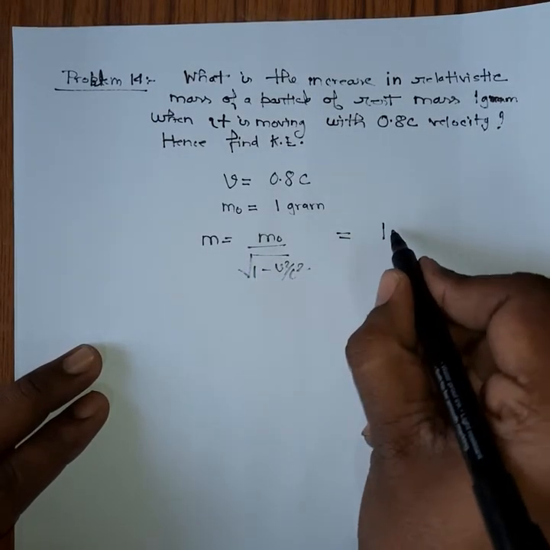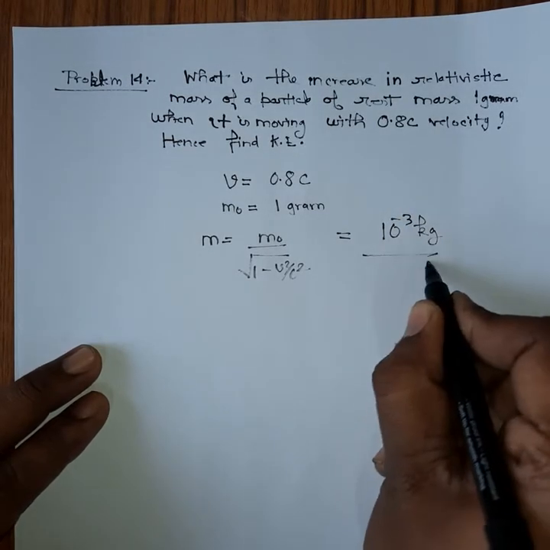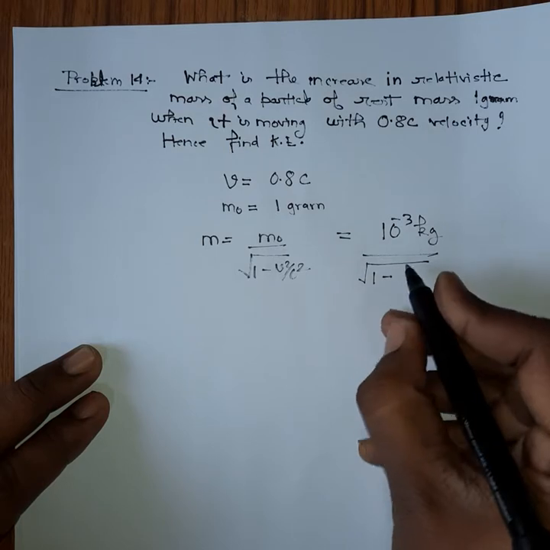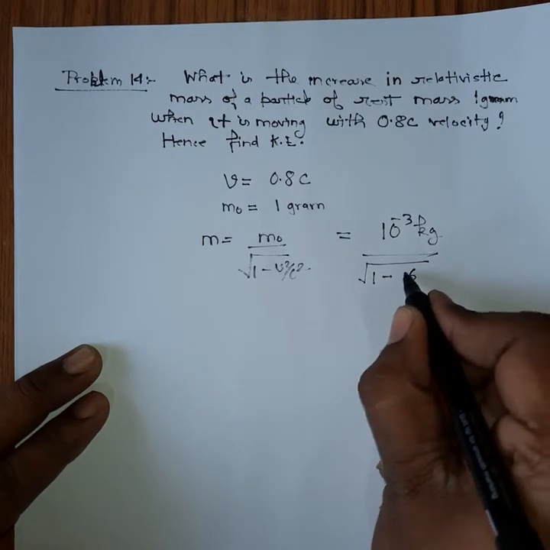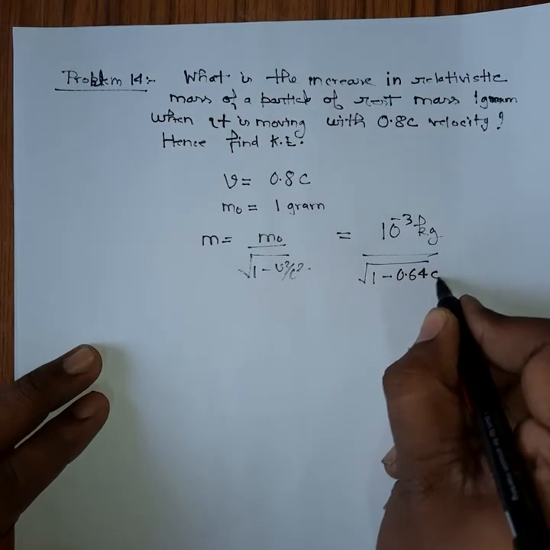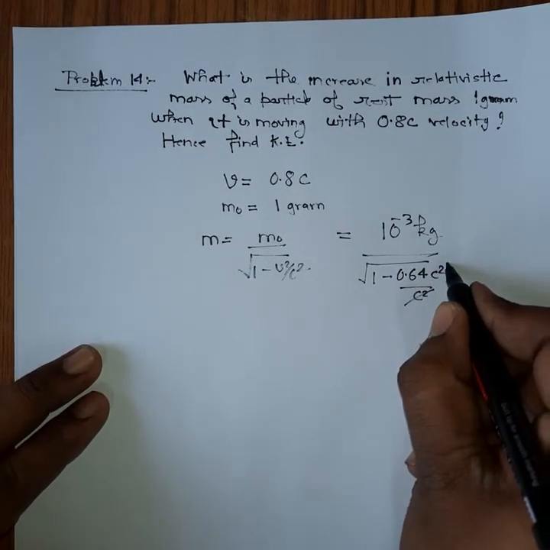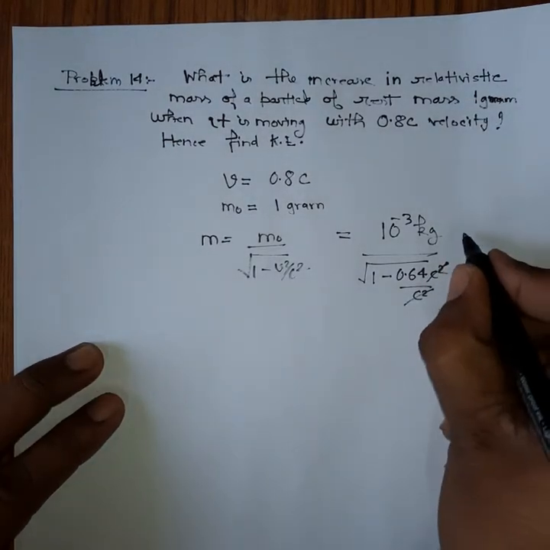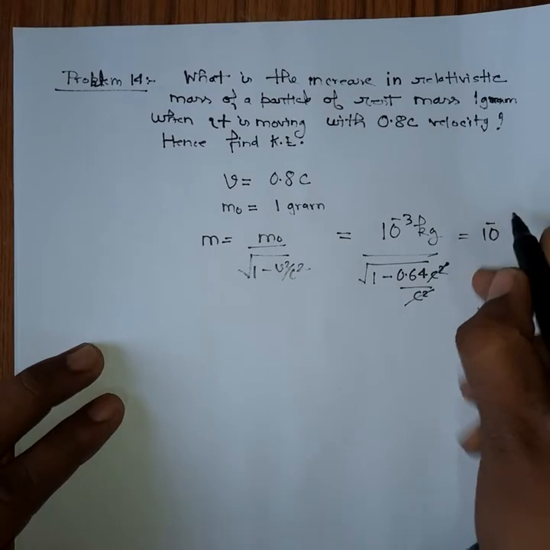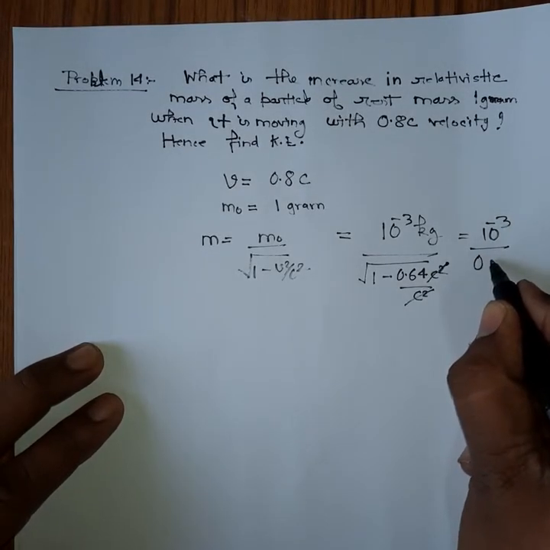So 1 gram means 10 to power minus 3 kg divided by square root of 1 minus, v is 0.8 c, so you can write it as 0.64 c square divided by c square. C square will cancel each other. So you will have 10 to power minus 3 divided by 0.6.